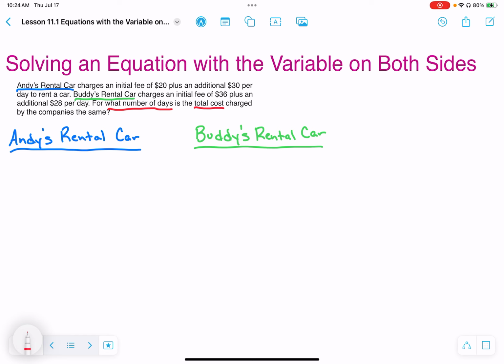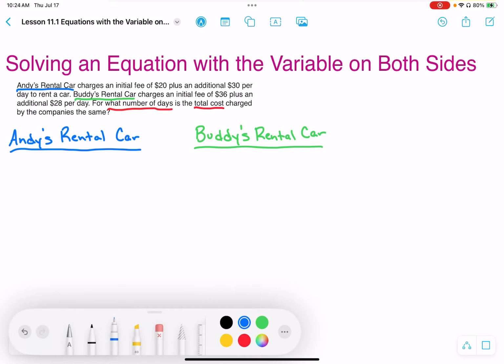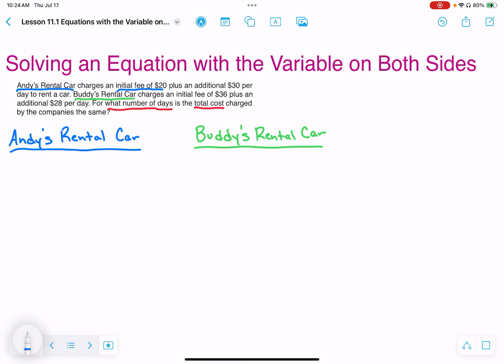Now, when I read through the problem, it says that Andy's, for example, has an initial fee of $20 and then $30 per day. $30 per day and the initial fee are telling me the slope and the y-intercept. The initial fee, as we've learned, is always the y-intercept, so that's going to be our b.